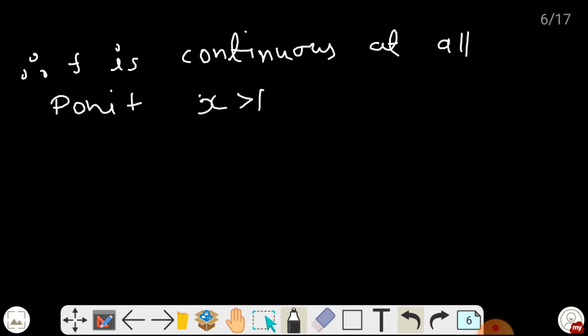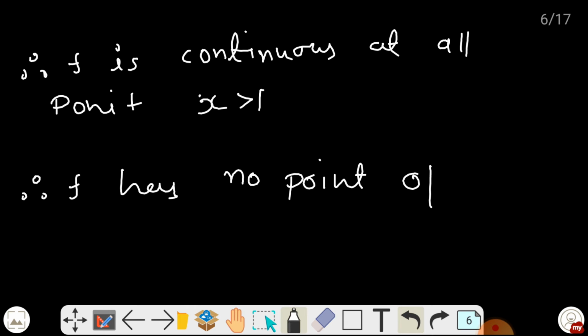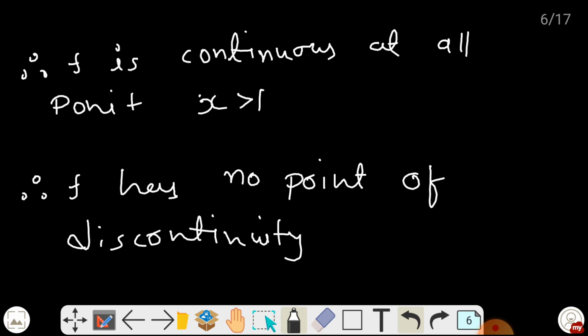So here we have seen that the function is continuous on the real line, at each and every point on the real line. So the function has no point of discontinuity. So let me write it. Therefore f has no point of discontinuity.